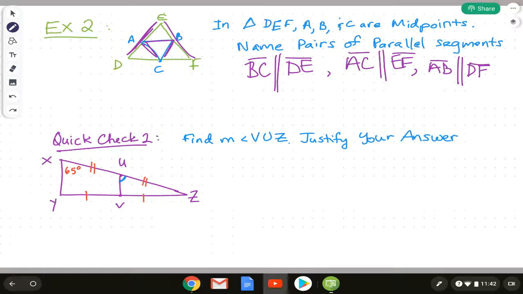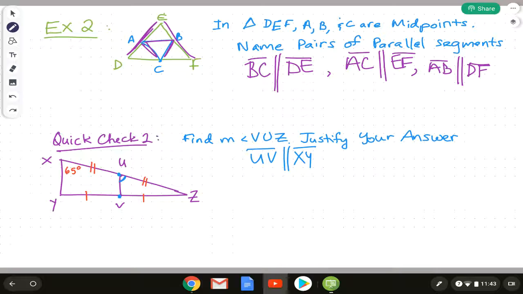Okay, so if we look at the information in our diagram, we can see that U is a midpoint and that V is a midpoint because of the markings that are showing me the segments on each side are congruent. Alright, that means that the line UV, the midsegment, is parallel to XY by the triangle midsegment theorem.